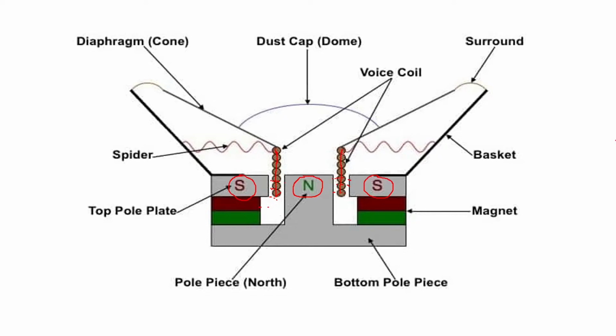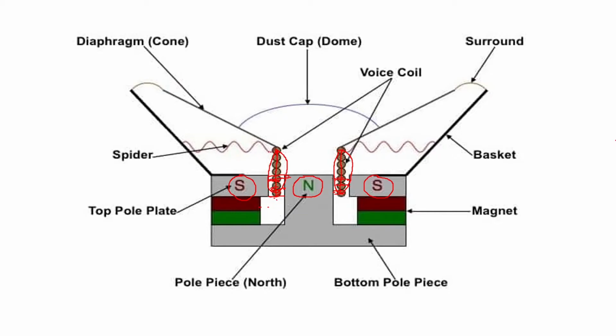Then when the electric current of that signal passes through this coil, it will develop its own electromagnetic field. So this magnetic field of the coil, which is the electromagnet, and the permanent magnetic field, with lines of force from north to south, will interact, and the coil starts aligning itself.